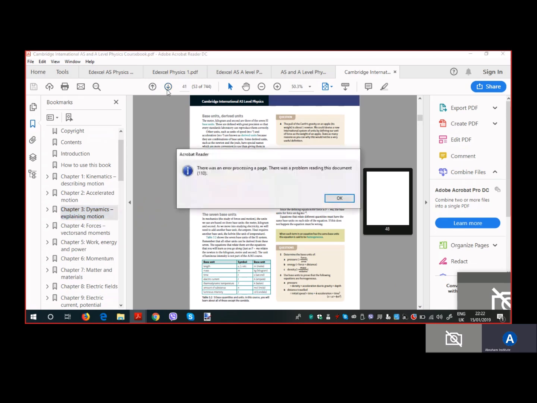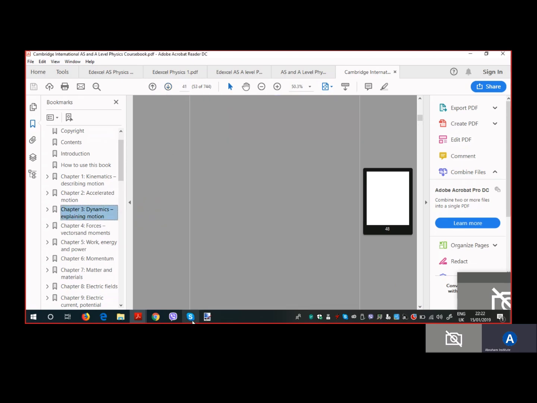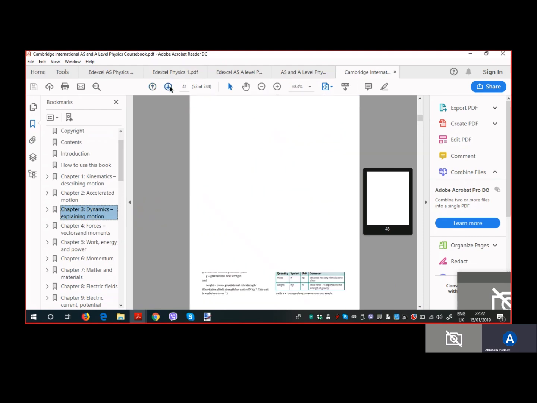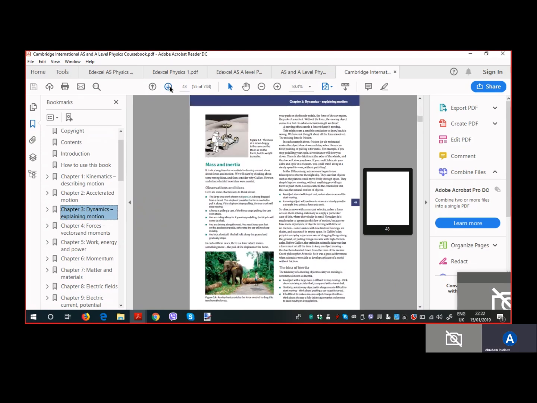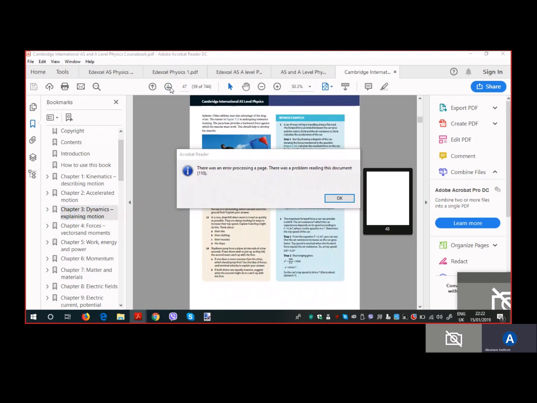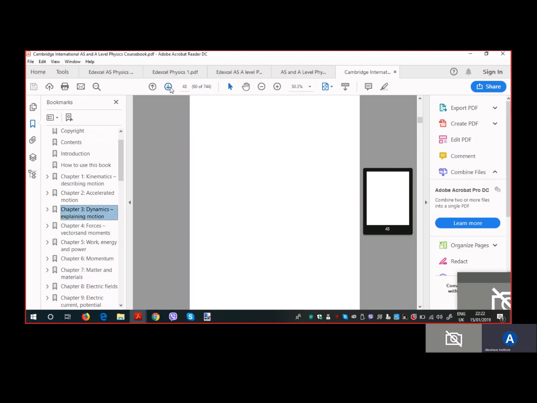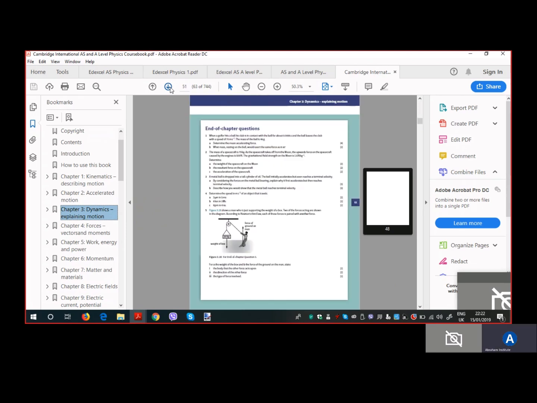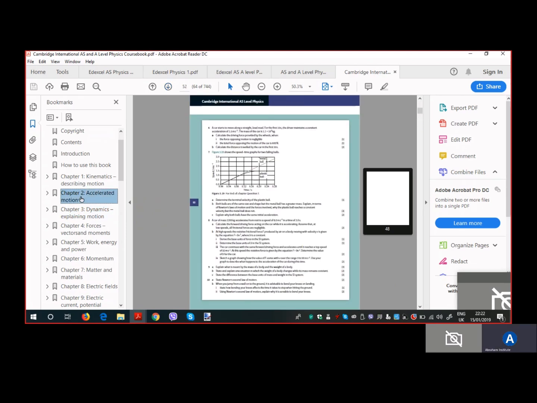You can go through this book, you will see. And here are the base quantities and units we discussed. Looks like the page is missing.